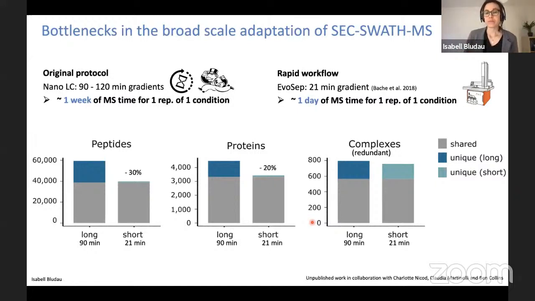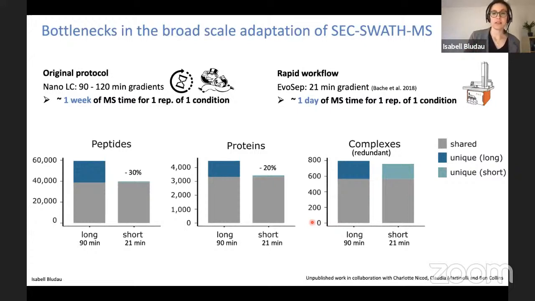So what colleagues of mine did was set up a very short EvoSep gradient with only 20-minute LC gradients. And with this, we can analyze one replicate of a SEC experiment in a single day.